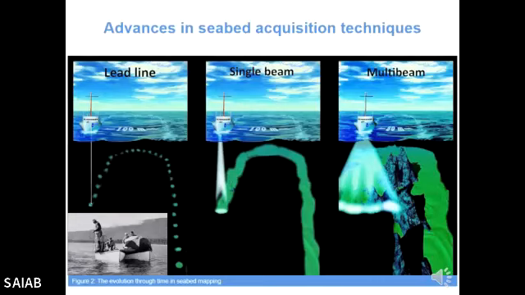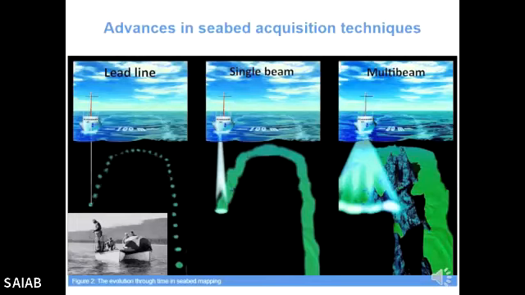So looking back at history, you can see that there's been quite an improvement in mapping the seabed, where in the past they would use the lead line method, which was basically getting single points of whatever area they were at to see the actual depth below them.